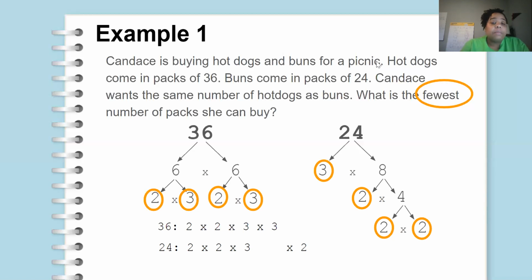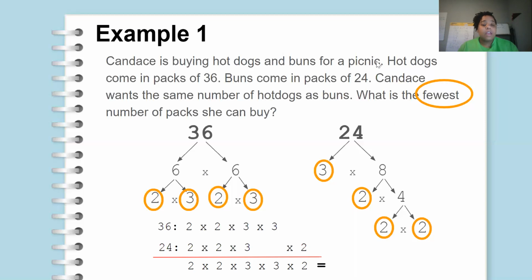That is very important. So now I want to take a prime factor from each column and multiply it together. So I have 2 times 2 times 3 times 3 times 2. Notice how I took a prime factor from each column. Then I'm going to multiply them together.